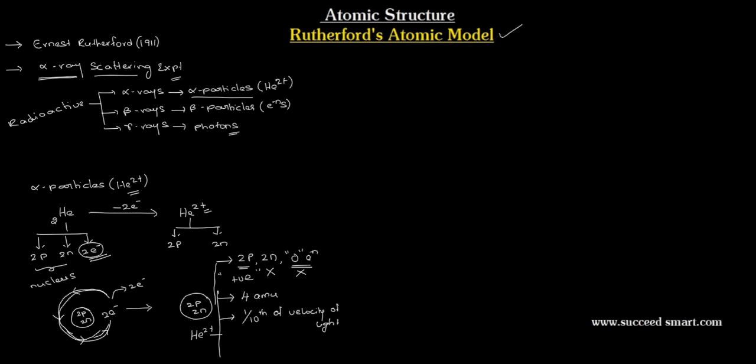And these He2+ particles, the alpha particles present in alpha rays, have very low penetration power. Now you can observe in this diagram, it has only the nucleus but doesn't contain any orbit. Therefore, this is also known as the helium nucleus, because this is the nucleus of helium.